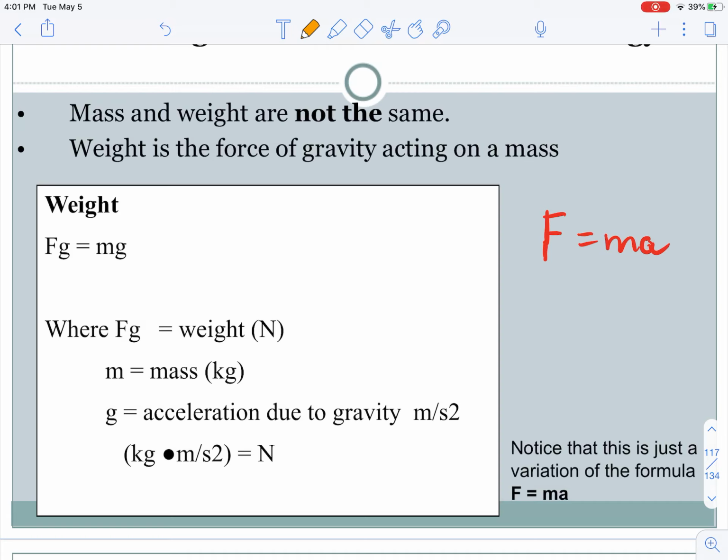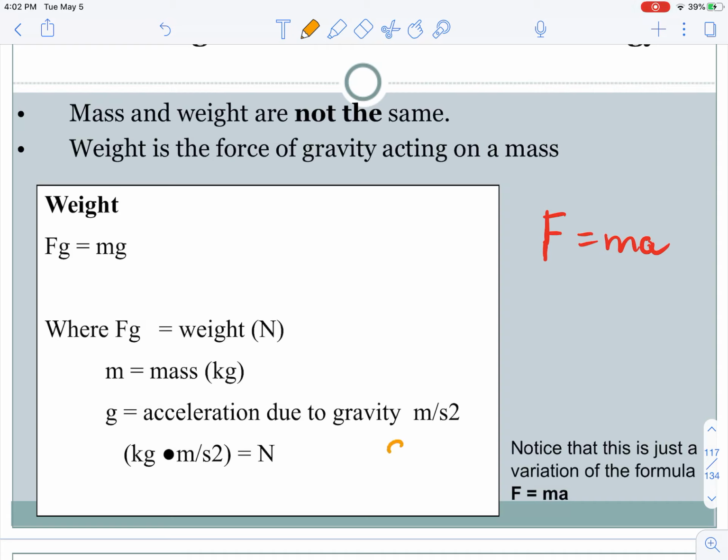So if you're doing a measurement on the moon, for example, your weight and how much gravity is pulling on you will not be the same as your weight on the Earth, whereas your mass could be the same in both places.